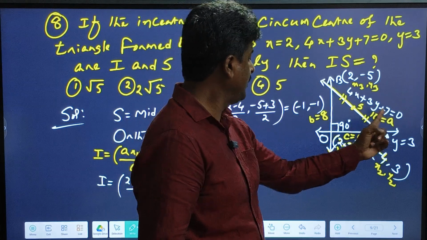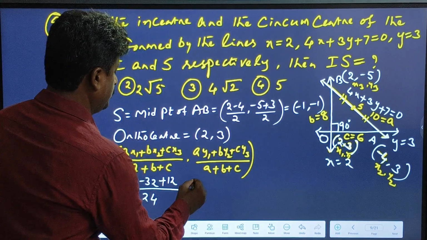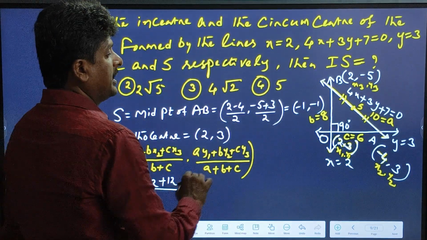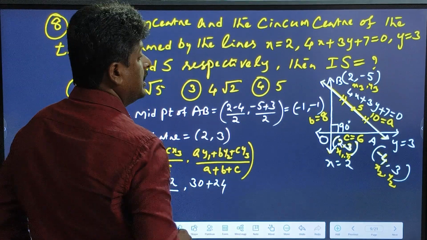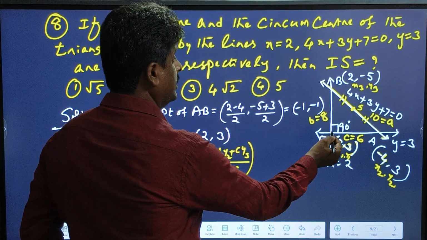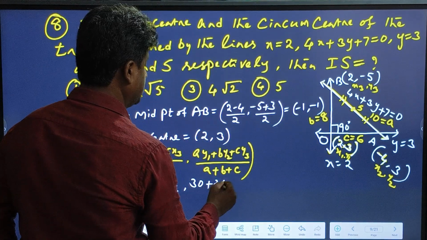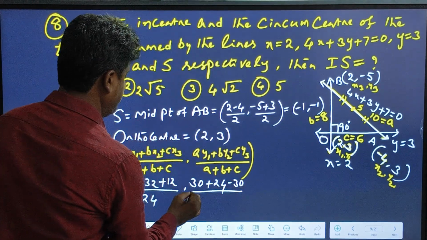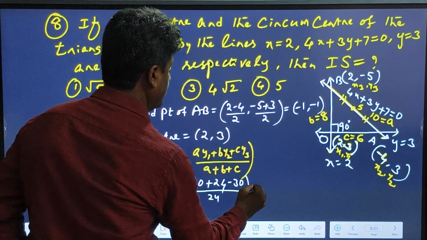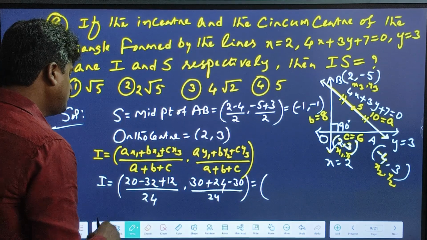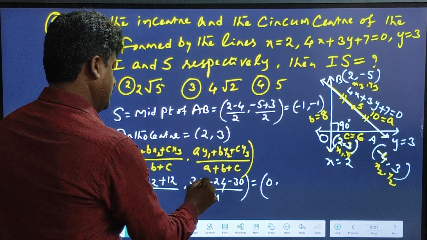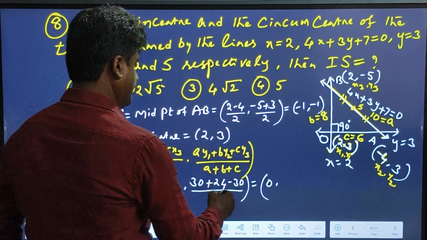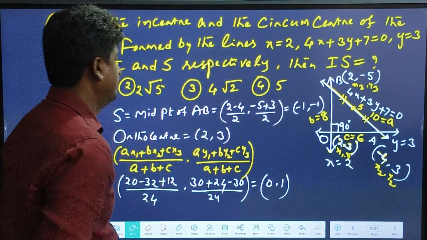Similarly, ay1: 10 into 3, 30, plus by2: 8 into 3, 24, plus cy3: 6 into -5, -30, by 24, is equal to (0, 1).